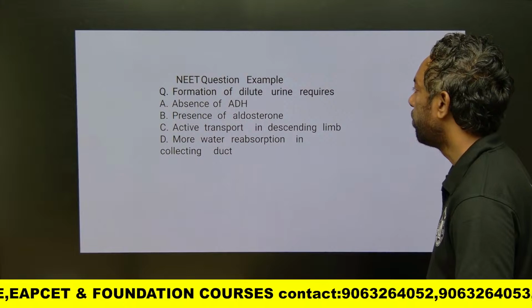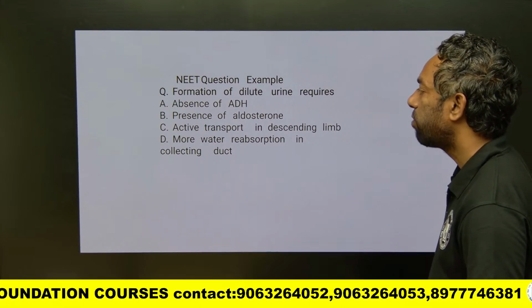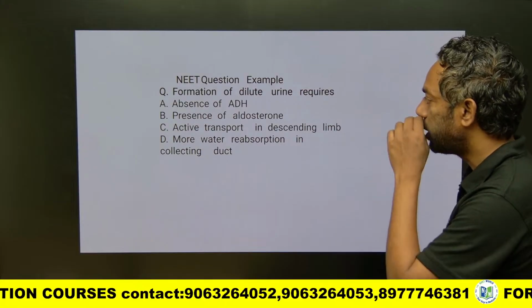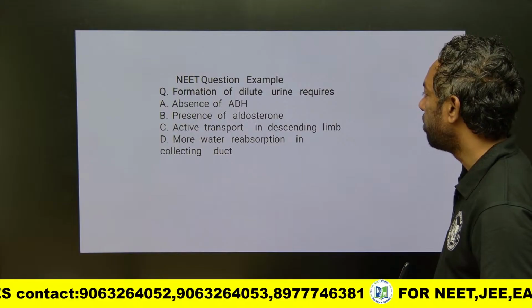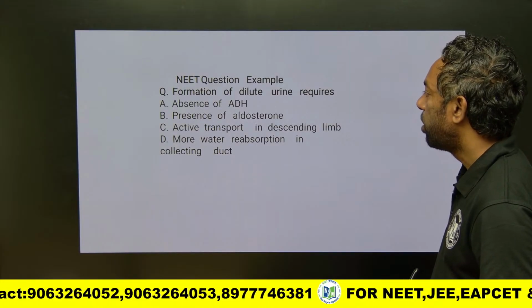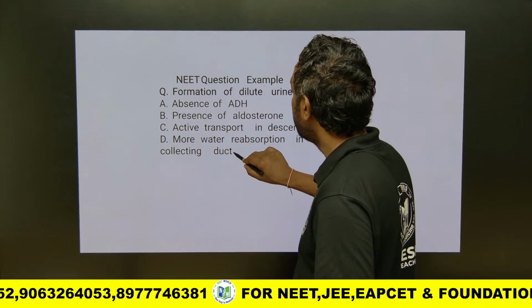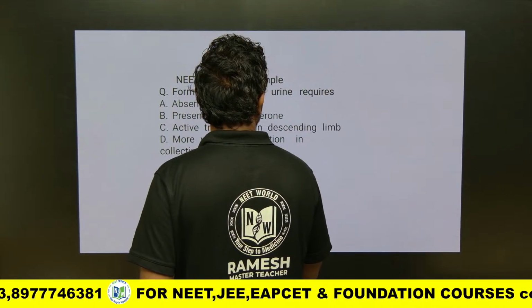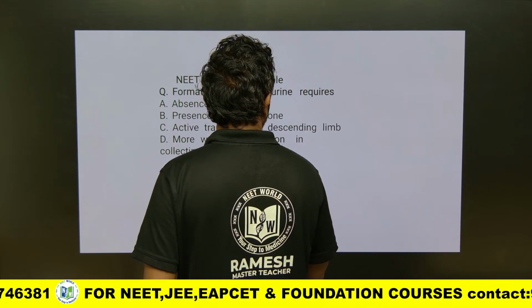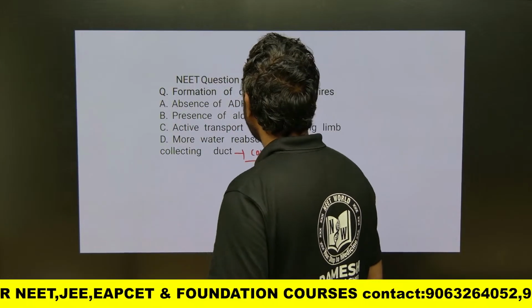Formation of dilute urine requires: absence of ADH, presence of aldosterone, active transport in the descending Henle loop, or more water reabsorption in the collecting duct? More water reabsorption is not dilute, that is concentrated.